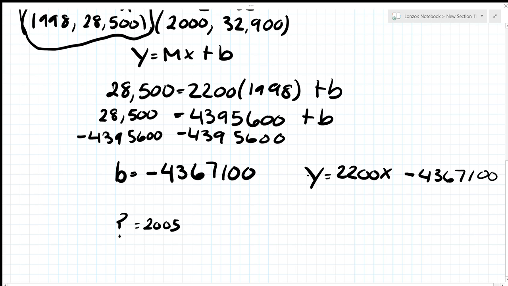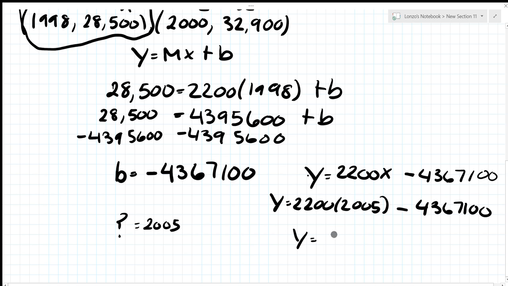All you got to do to find the y value, because the y is our salary, you simply plug in 2005 for x. So y equals 2,200 times 2005 minus 4,367,100. When you do all the calculation, you're going to get y equals 43,900. So in 2005, the salary is going to be 43,900.